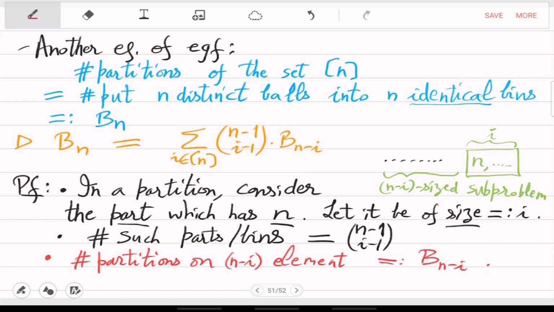So you can multiply it. You apply the product rule, and after that, as you change I, what happens? You apply the sum rule, because I is different. So different sized parts, in particular different partitions. So you count them separately. There is no overlap.